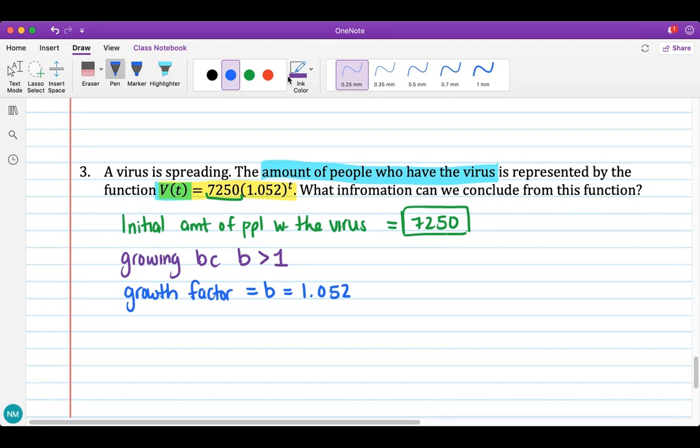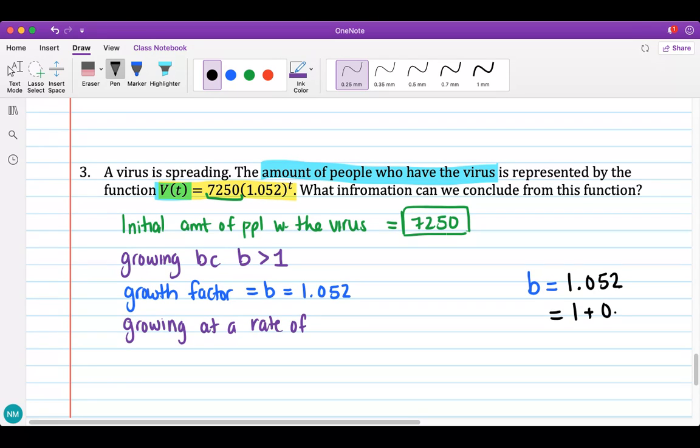And lastly, what do we know about our growth rate? It is growing at a rate of, well, let's look. So B is equal to 1.052. So that's the same thing as saying 1 plus 0.052.